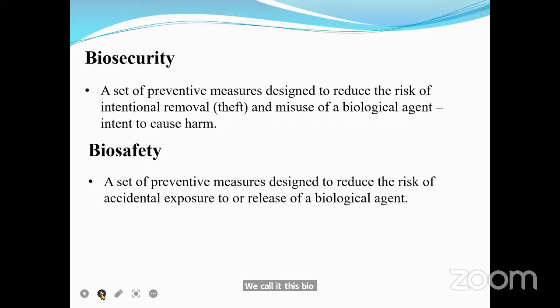And the other set of preventive measures is designed to reduce the risk of accidental exposure to or release of biological agent. We call it biosafety, which means protecting humans, the health workers, and their communities from the biological agent.